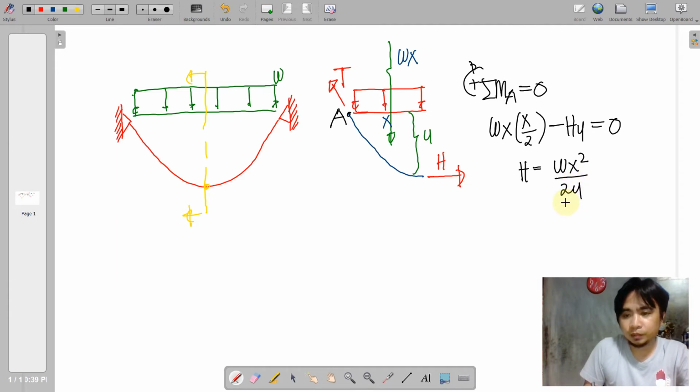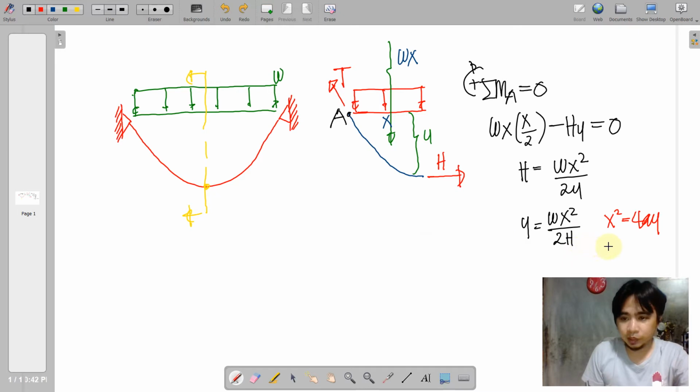Solving for y, we have this equation, y is equal to Wx squared all over 2H, which actually implies that this is a quadratic equation, because a quadratic equation only involves no constant that is paired to the right side of the equation, which contains a second degree equation, which is denoted by this general equation for parabola.